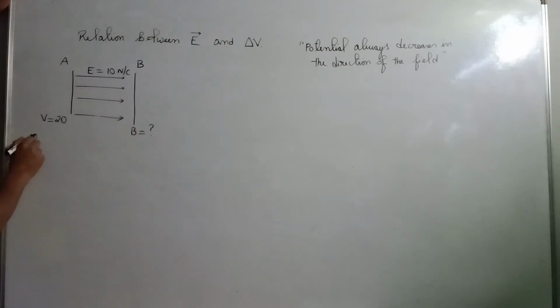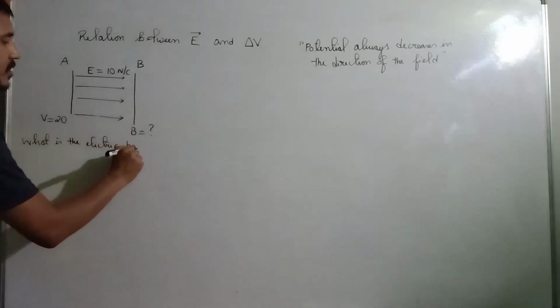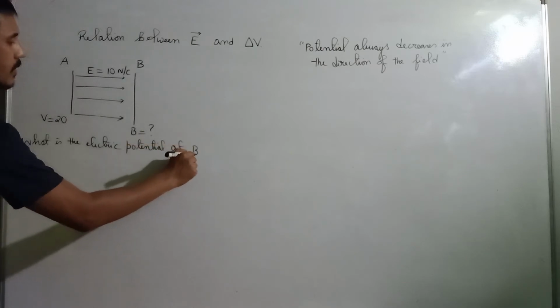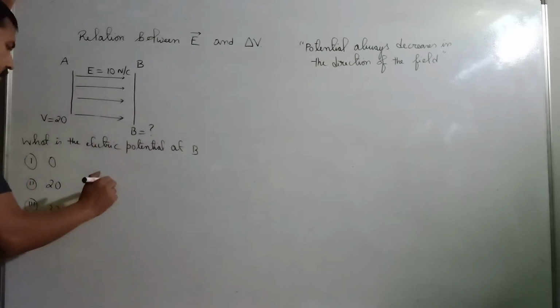Now, what is the electric potential at B? Option 1, is it equal to 0 volt? Option 2, 20 volts. Option 3, 30 volts. Option 4, 10 volts. Options are also provided to you. And what is the relation?